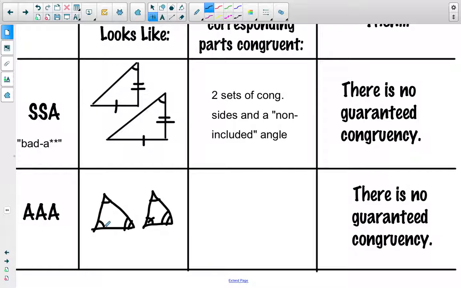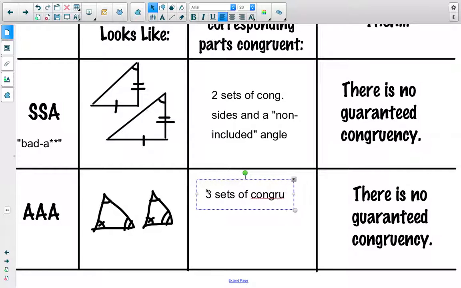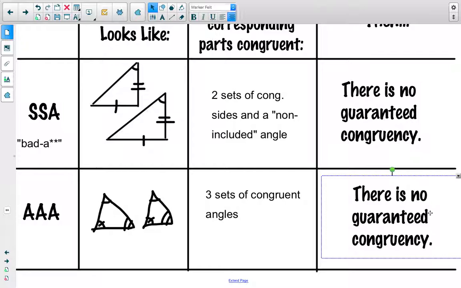And this third angle is congruent. As long as you have three congruent angles, they're going to look a lot alike. They'll look kind of like miniature versions of one another. If you have three sets of congruent angles, they're going to look similar, but they're not congruent. They're not exactly the same size. And again, look back at the wall, find that category, and you'll see that those triangles are not congruent.